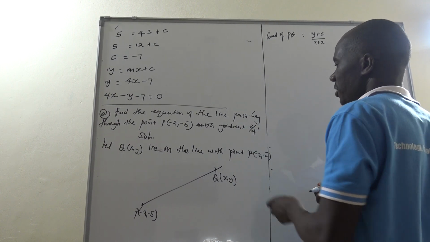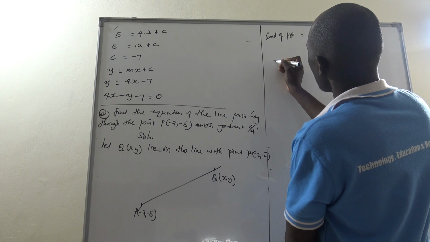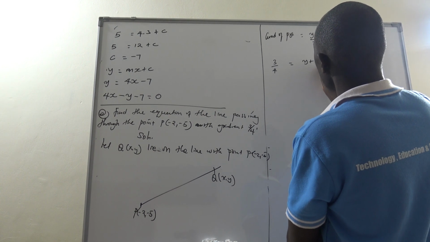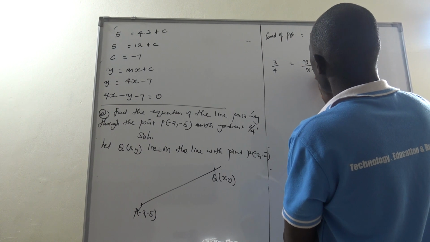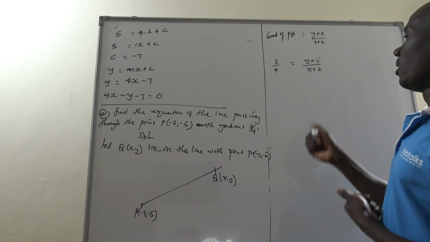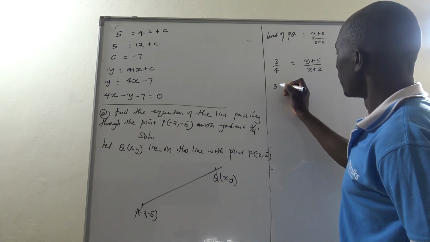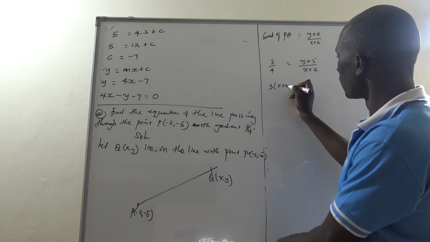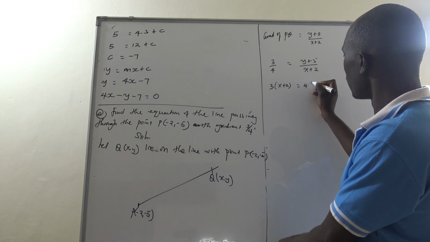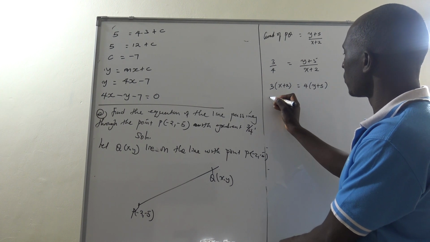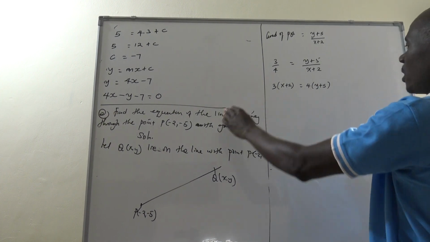But the gradient is already 3/4. We say 3/4 equals y plus 5 over x plus 2. So we try to cross multiply. We are getting 3 into (x plus 2) equals 4 into (y plus 5). So can we bring this to the other side?